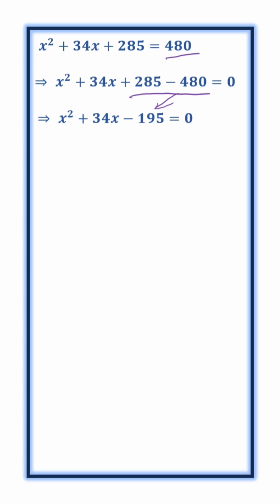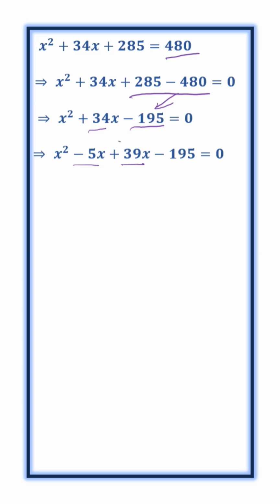Now you can solve it either by factorization method or by formula method. Let me solve it by factorization method. We have to choose two numbers such that their sum will be positive 34 and product will be negative 195. Negative 5 and 39 are two such numbers. If you add, you will get positive 34.